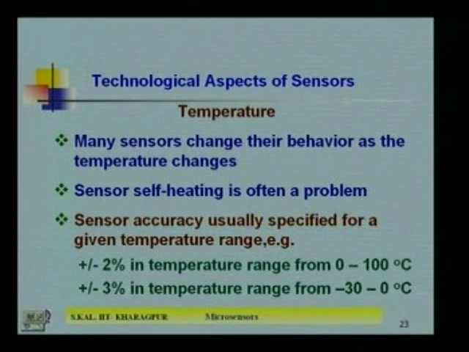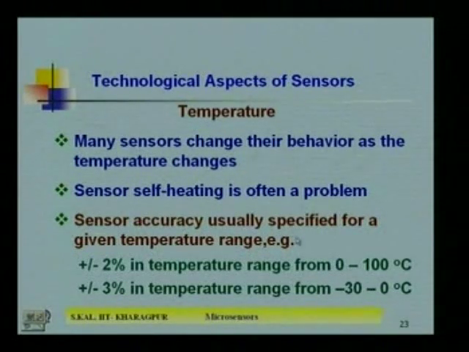Some of the sensors will work if you apply some electrical power. So, if you apply electrical power to the sensor, automatically some current will flow through different components of that particular sensor. So, self heating is there. Because of the self heating, the parameter property may change also. So, these are the causes which change the sensor performance.